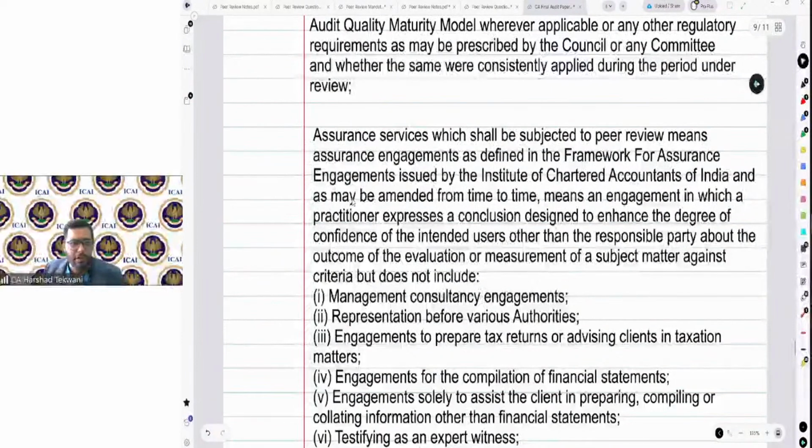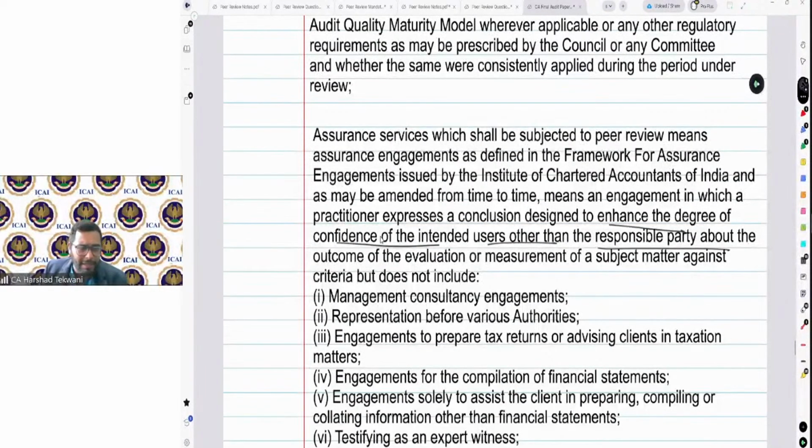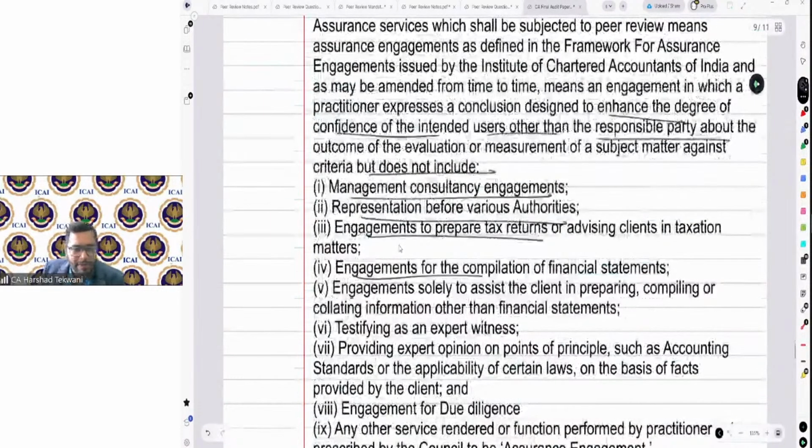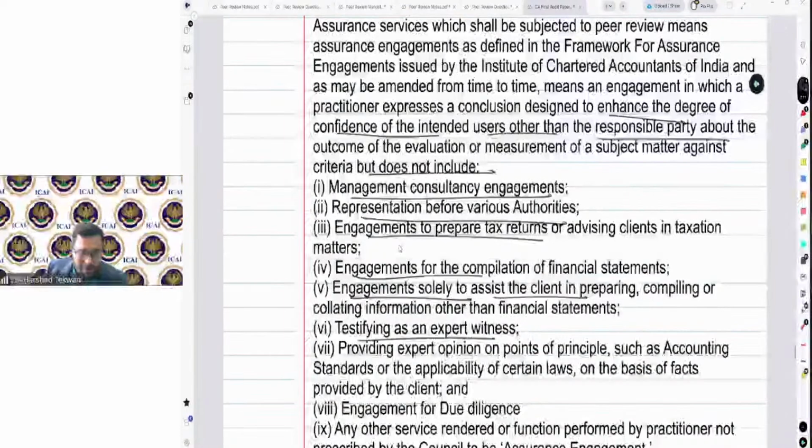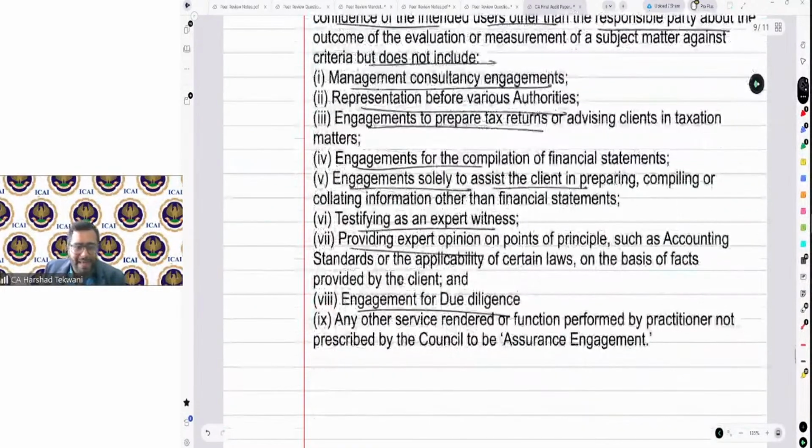Assurance services are services defined in the framework of assurance engagement issued by the ICAI and may be amended from time to time, which are designed to enhance the degree of confidence of intended users other than the responsible party, but do not include management consultancy service, representation before various authorities, engagement to prepare tax returns, engagement for compilation of financial statements, engagement solely to assist the client, testifying as an expert witness, providing expert opinion, engagement for due diligence, and any other services that are not prescribed by the council as assurance engagement.